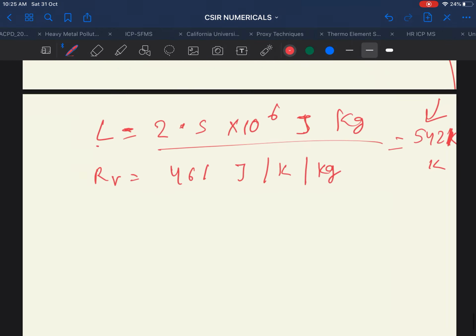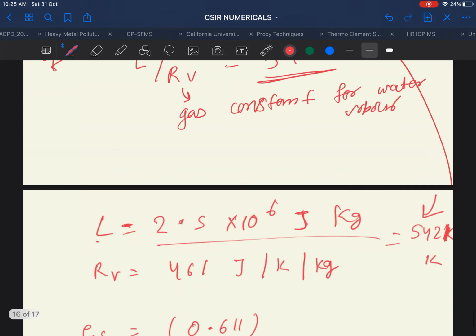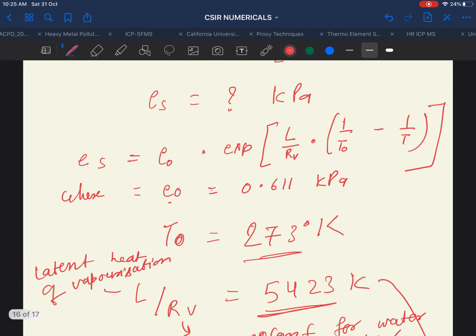Now using this, just put the values. Now the final saturation vapor pressure we have to find. It is equal to 0.611. What is this? We saw just now, this is E naught. What does E naught mean?